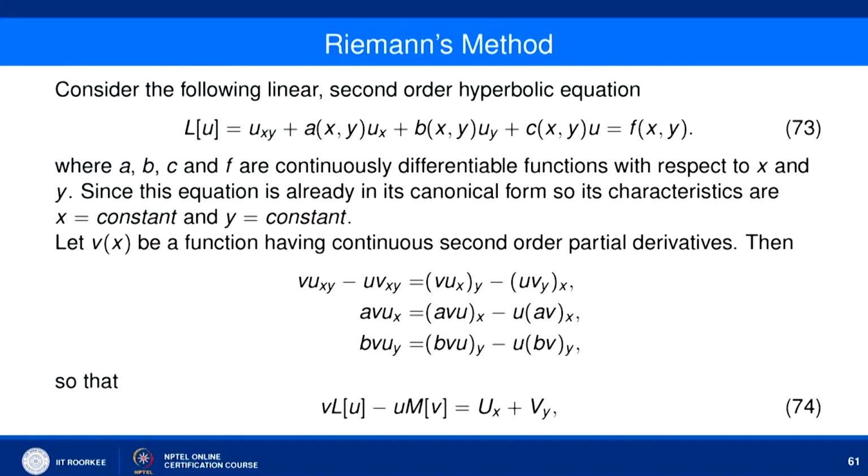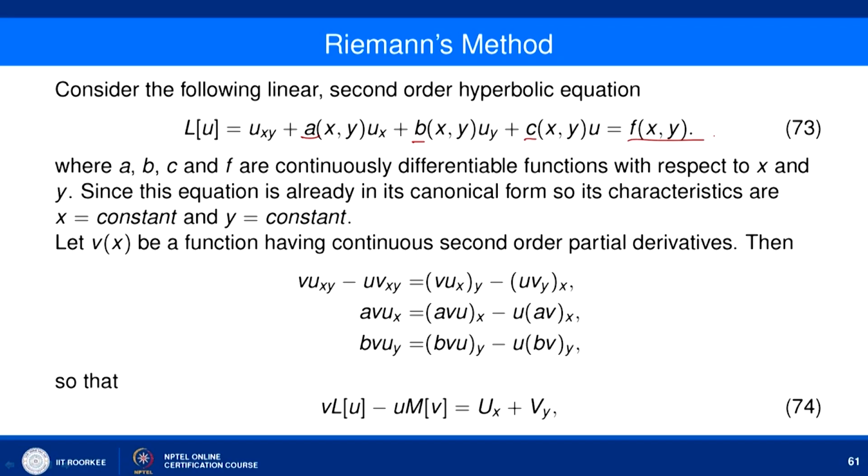Consider the following linear second order hyperbolic equation, Lu equal to f(x,y), where Lu is defined as u_xy plus a(x,y) u_x plus b(x,y) u_y plus c(x,y) u, where a, b, c and f are continuously differentiable functions with respect to the variables x and y.